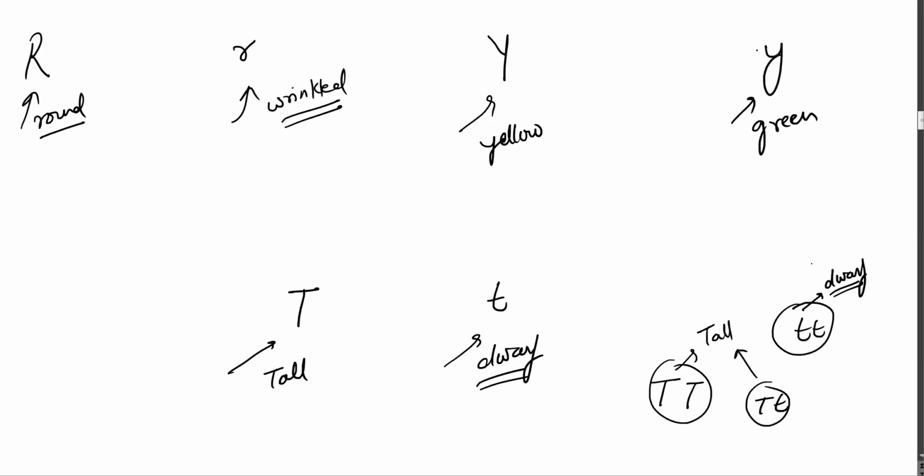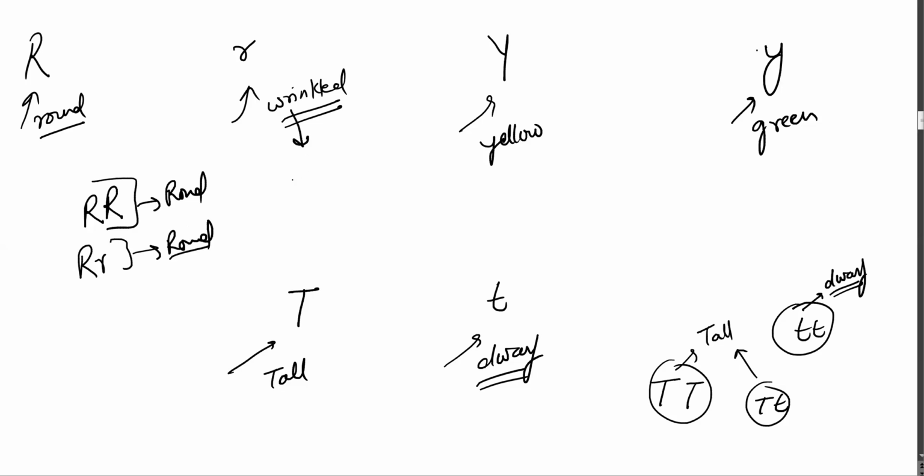Now you need to understand that when we need round over wrinkled, if a capital R is there, it gives you round. Capital R with capital R, or capital R with small r, both give you a round shape, because one capital R is enough.